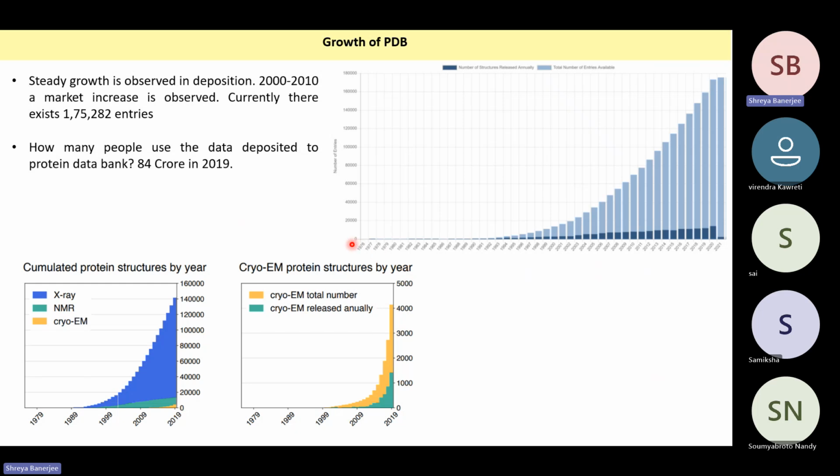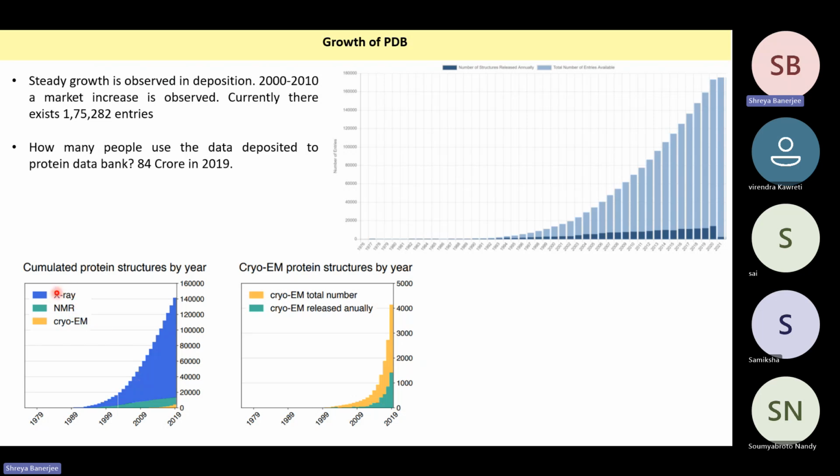Now, as you go through the years, there has been a large exponential growth in the number of structures deposited in PDB. You can see that the number of cryo-electron structures is also increasing. This orange is the number of cryo-electron structures that started increasing more recently, around 2006 or so, because cryo-electron microscopy is a relatively new technique compared to X-ray or NMR.